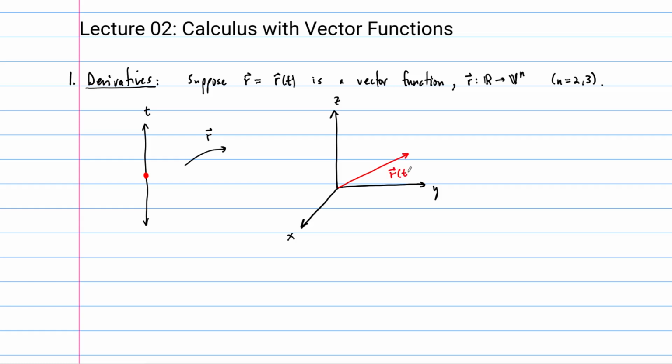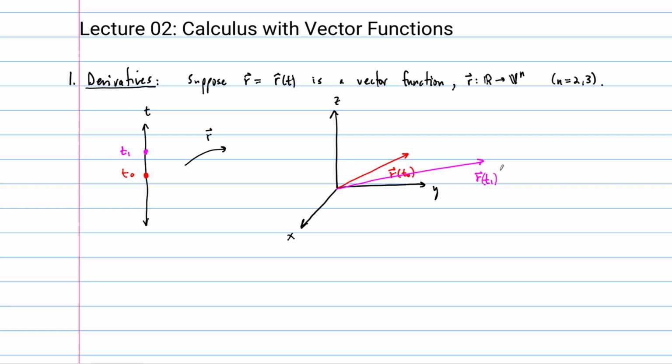So I'm going to say this is r of t0. Call this one t0. And then let's suppose this is t1 up here. So maybe this one does something like this, r of t1.